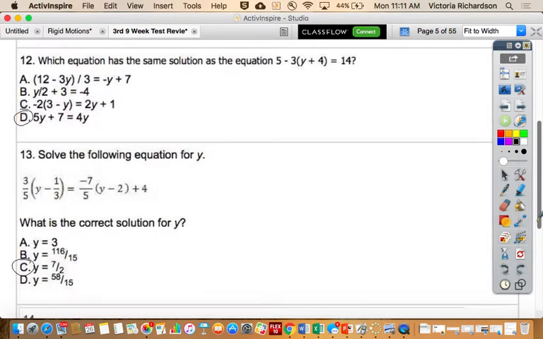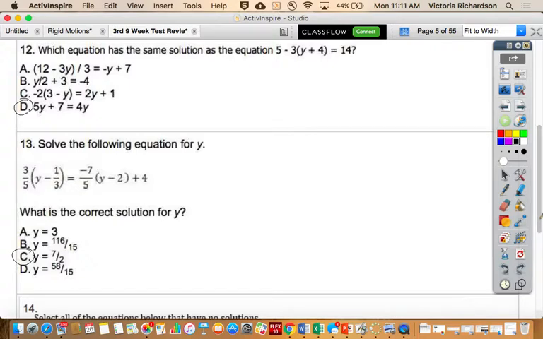Number 12, which equation has the same solution as the equation 5 minus 3 times the quantity y plus 4 equals 14? And the answer to that is 5y plus 7 equals 4y. You would distribute the negative 3, so you get 5 minus 3y minus 12 equals 14.